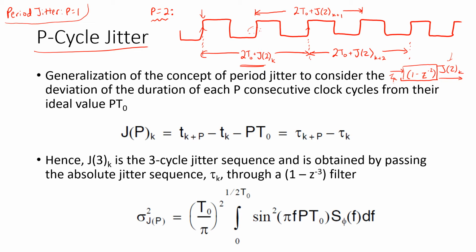But in the general case, we've got this jitter sequence, using this notation here, that's obtained by taking the absolute jitter sequence and passing it through a filter that looks like this.